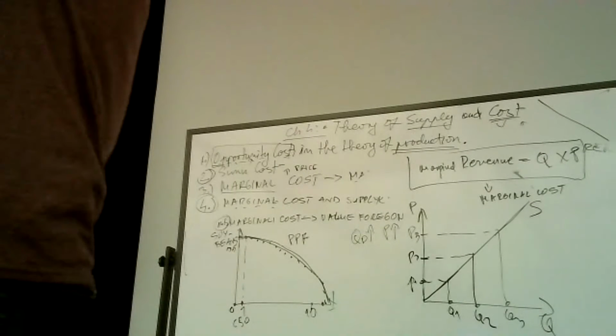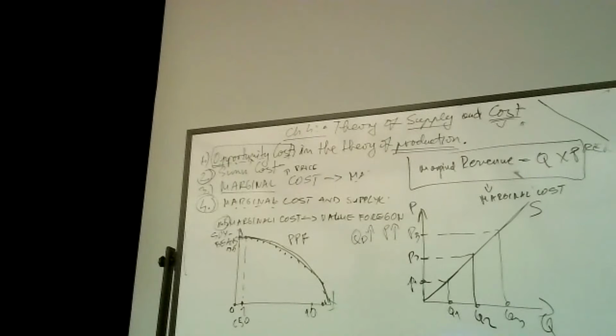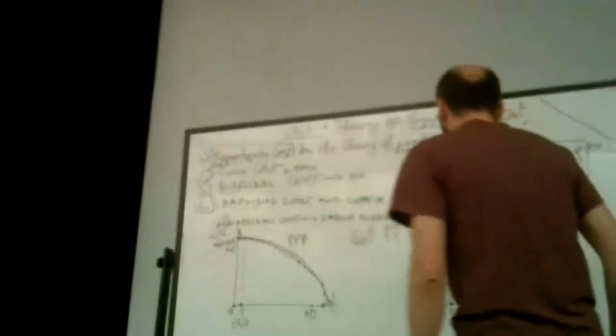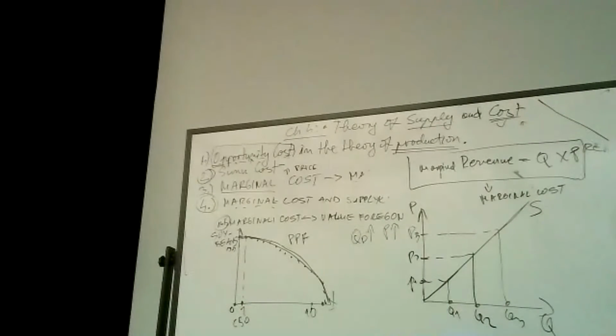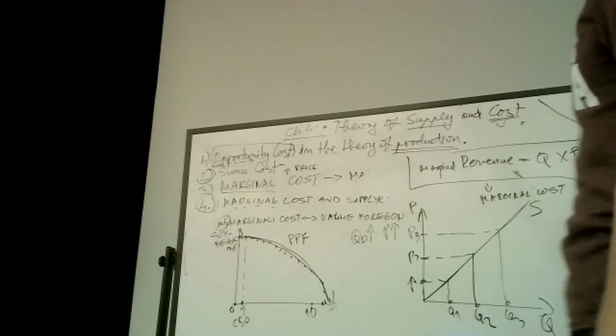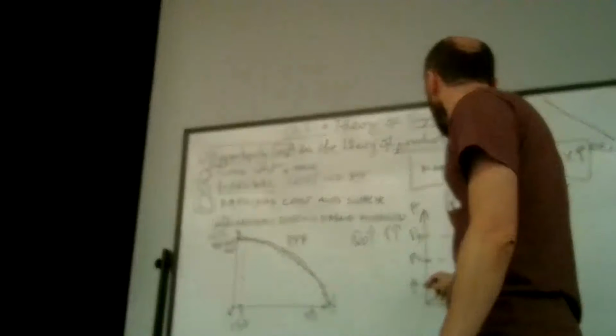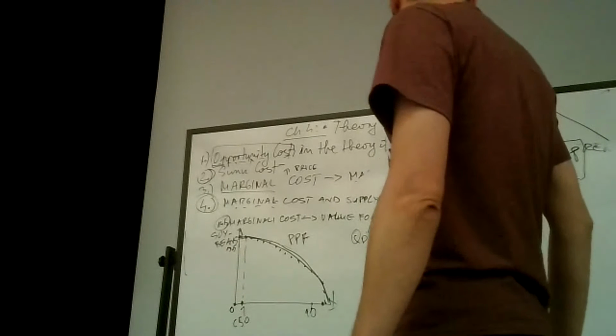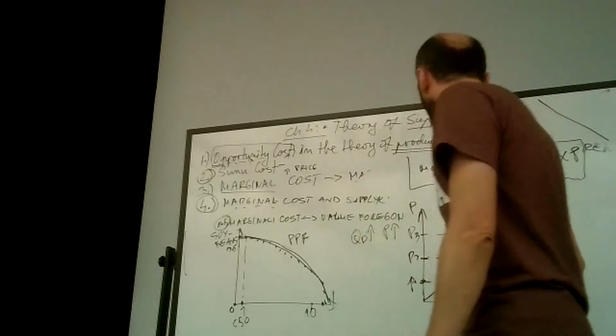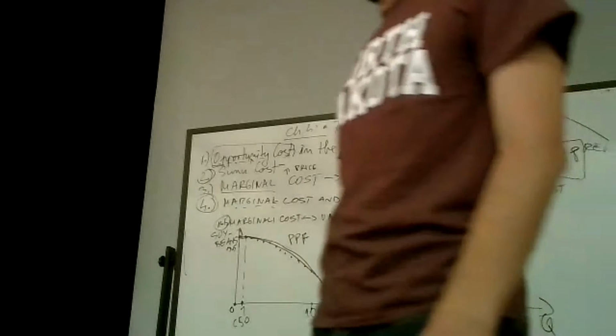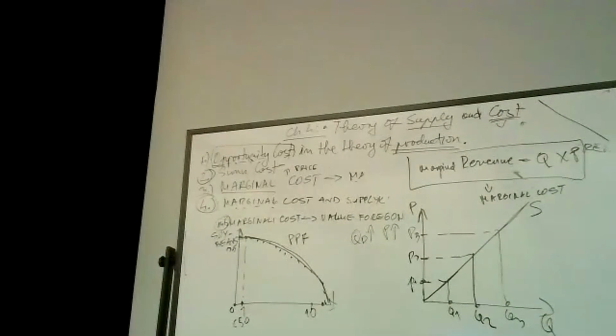Now, there is another way of looking at the whole problem that can shed additional light on this. And this is what happens when the price goes down on a given market.